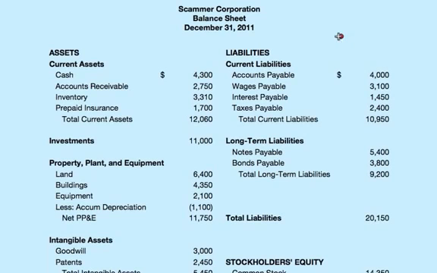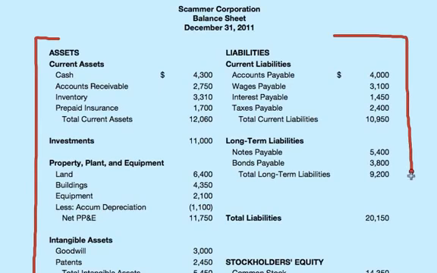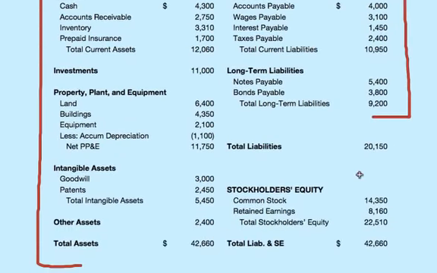Now, the first thing you should notice is that on the left side of the balance sheet we have the assets, and on the right side we have the liabilities and stockholders' equity.